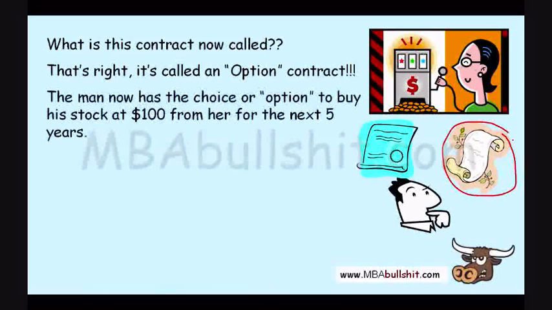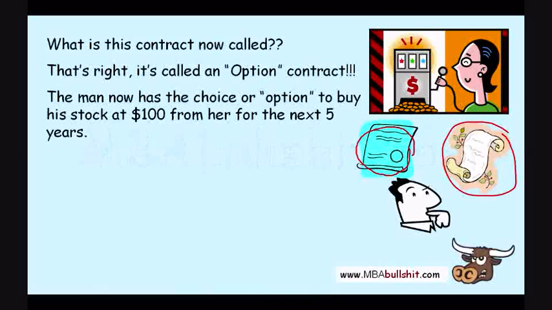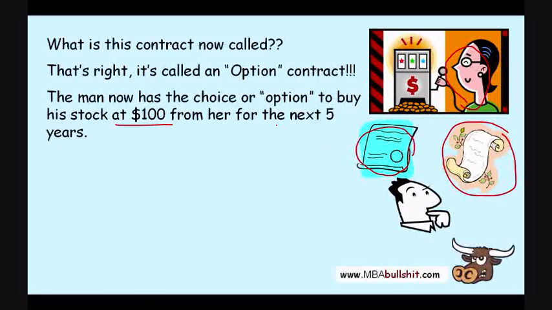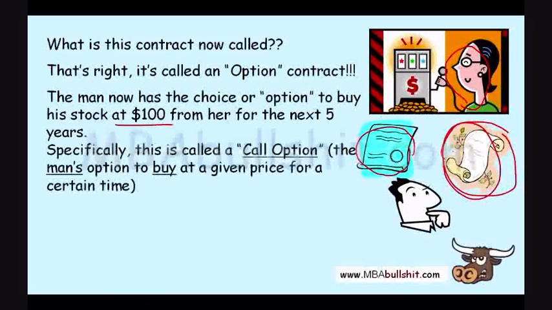So this man now has the choice, now has the right, or now has the option to buy this stock from her for the next 5 years at $100, even if the price goes up. Specifically, this contract over here is called a call option.